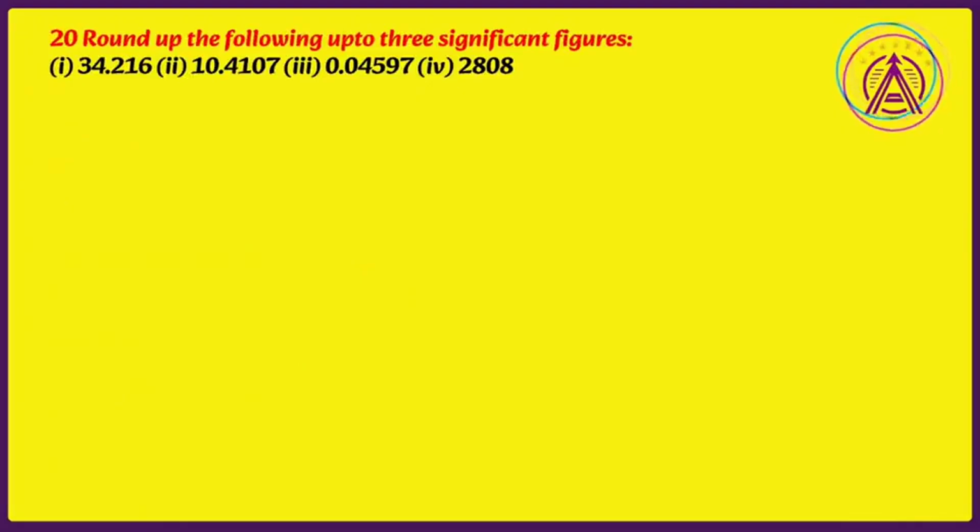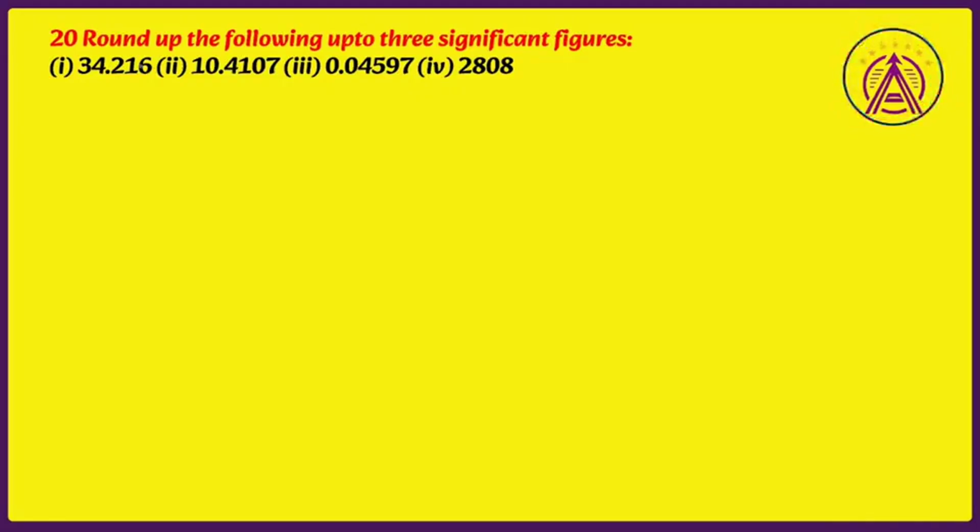Question number 20. Round up the following up to three significant figures. We have discussed the rules for rounding up of significant figures in the very first video. Please refer to it if you have forgotten, but a brief reminder. When the digit next to the digit that you're rounding is greater than 5, then you round it up to the next digit. Suppose you have something like, in this first case, 3, 4, 2, 1, 6.